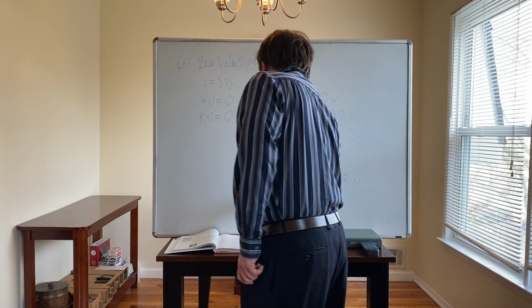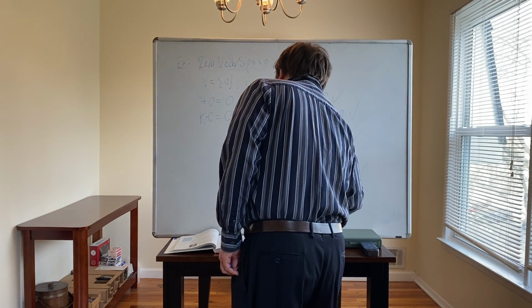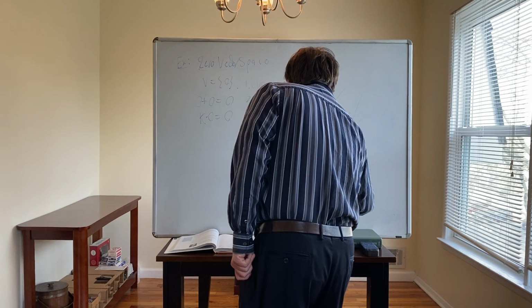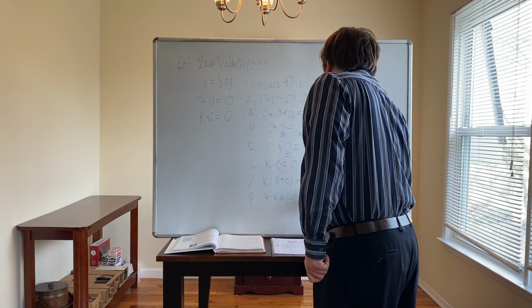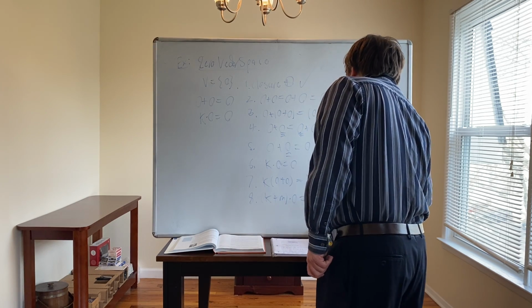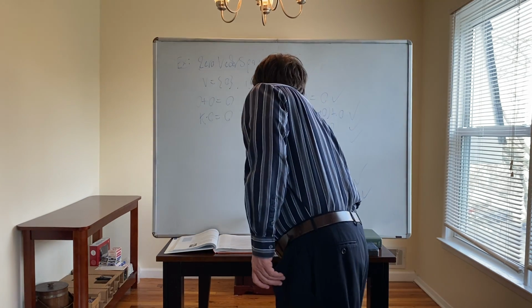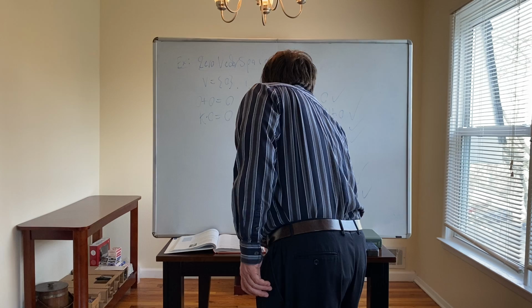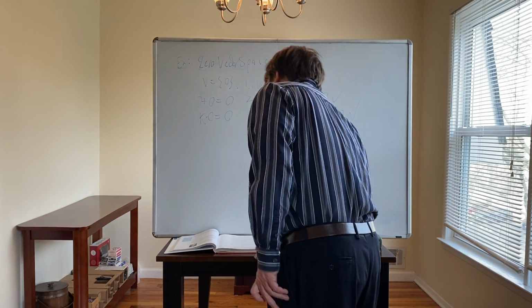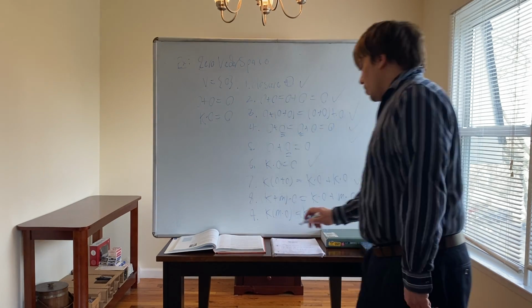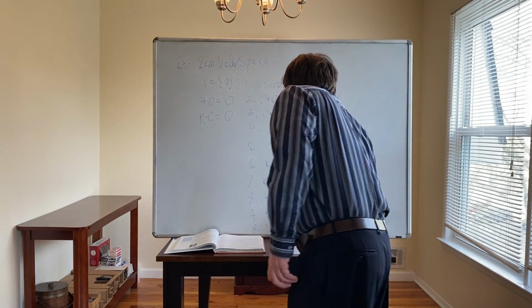Eighth, if you have two scalars and you add them and multiply by a vector, which is only 0, that's the same as k times 0 plus m times 0, and that also holds. The ninth one, that k times m times 0 is equal to km times 0, also holds. They're both 0. And tenth, 1 times 0 is 0, and that also holds.